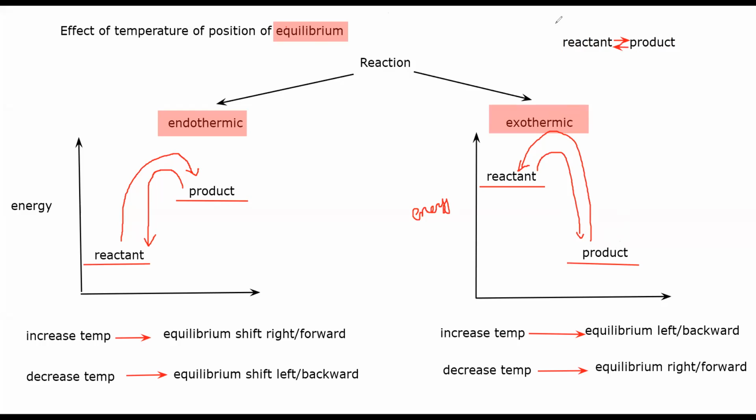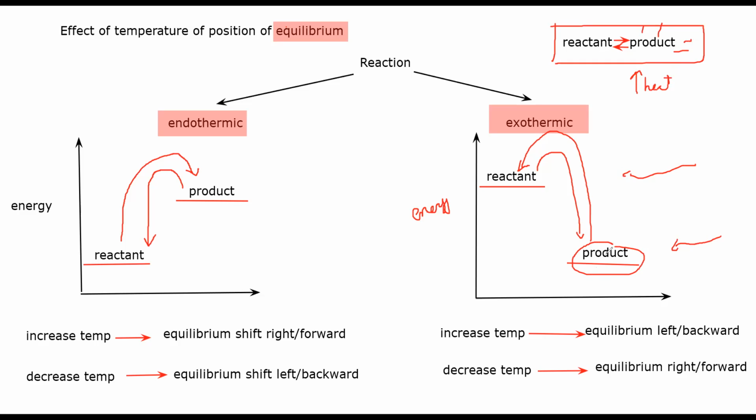You are supplying energy. For example, you have a container with both reactant and product and you supply energy. The reaction is giving out energy and you're also externally supplying energy. If I externally supply energy, what will happen? I have both reactant and product. You can see the product energy is low. So if I supply energy, which one is likely to absorb a greater amount of energy?